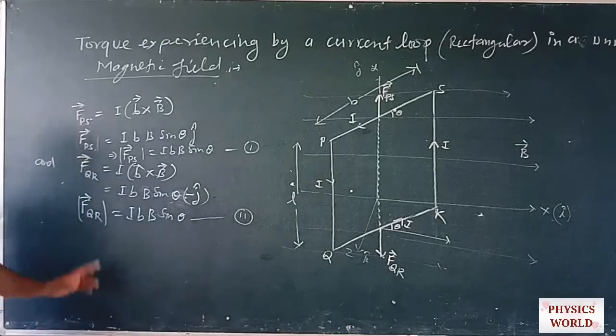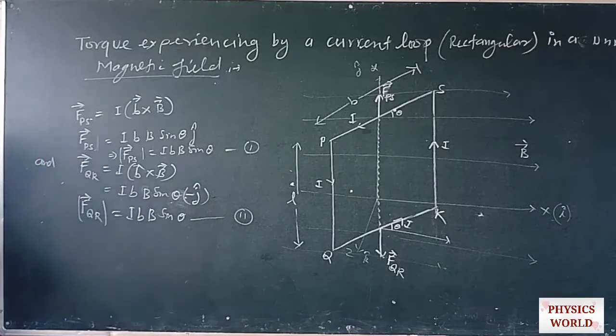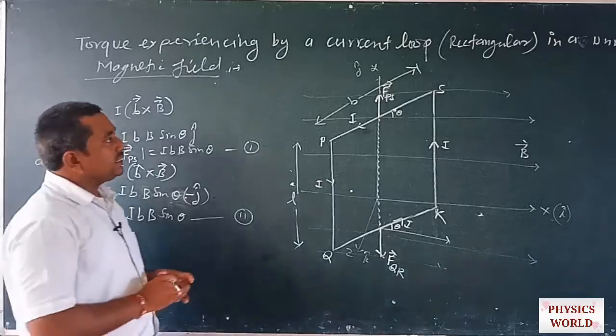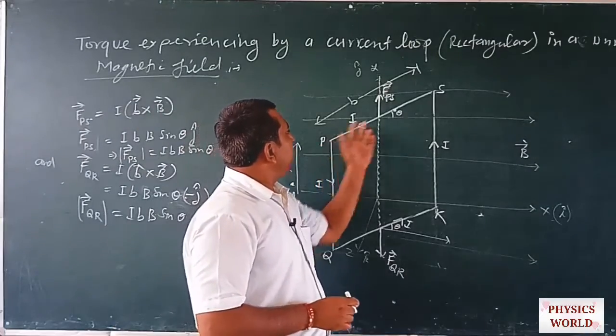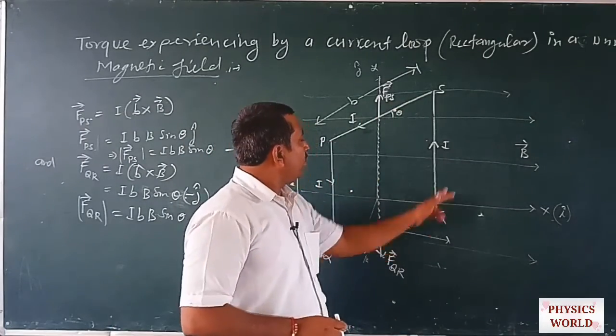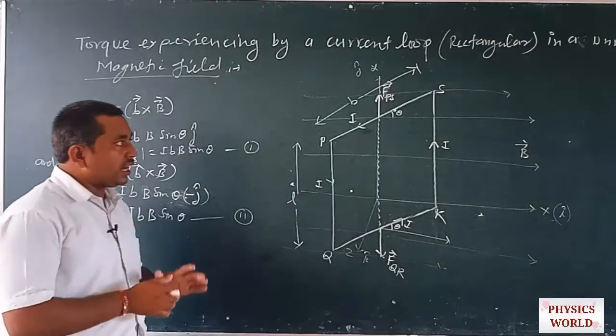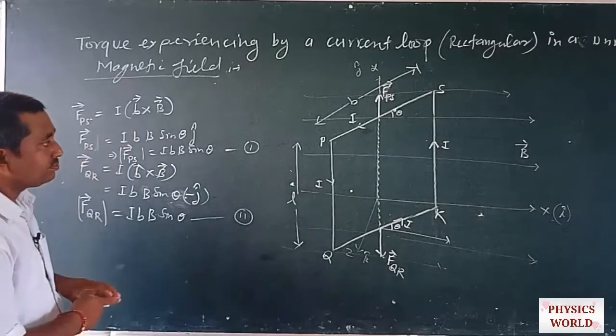From first and second, we see that the magnitude of the force experienced by the lengths PS and QR of the rectangular coil is equal in magnitude but opposite in direction.